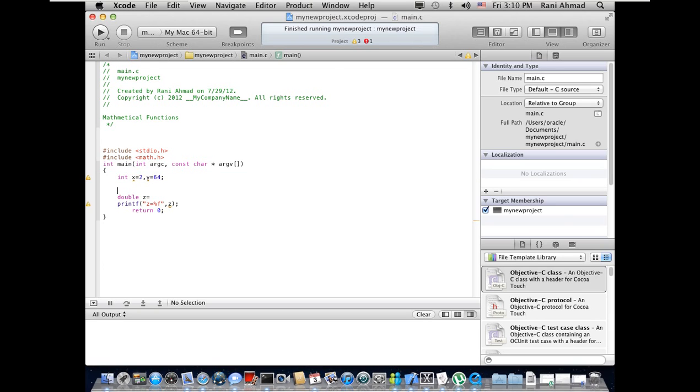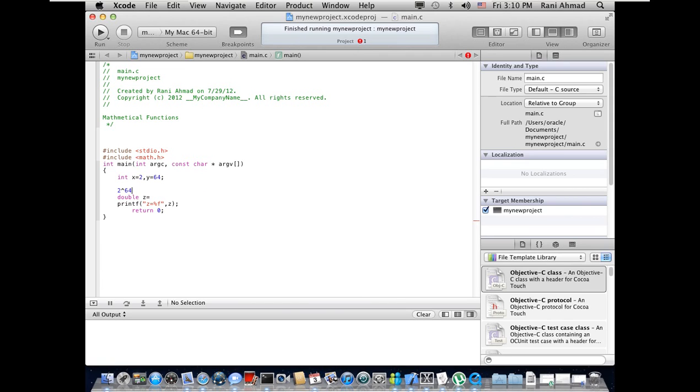The power, as a definition, is the repetition of multiplication. If you want to say 2 to the power 64, this is equal to 2 times 2 times 2, all the way, times 2, repeated 64 times.